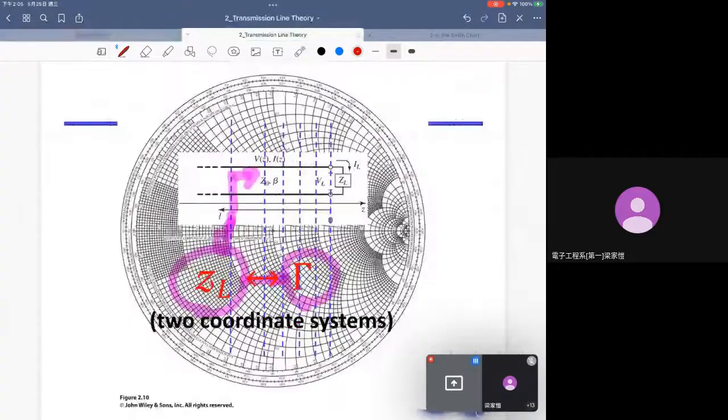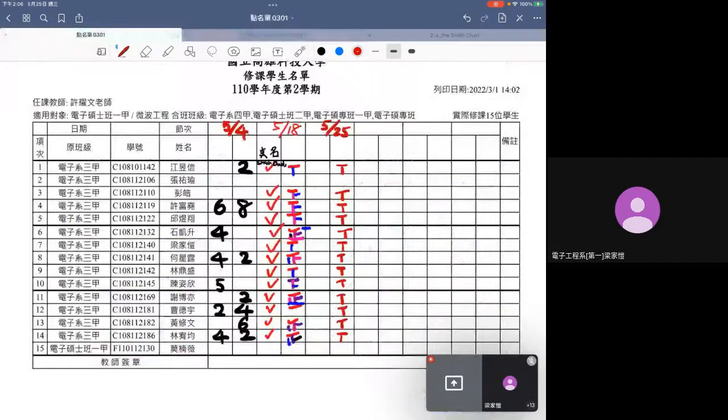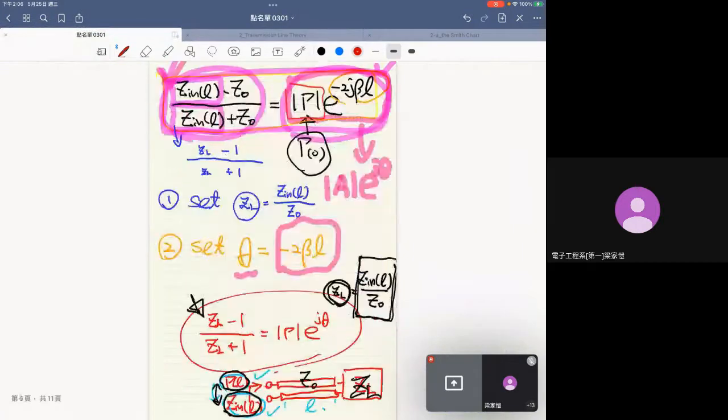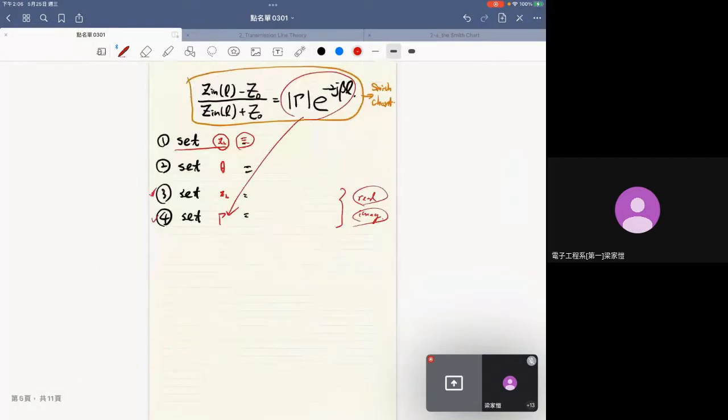Okay, so let's see. From the beginning, there is a transmission line connected to some load, ZL, okay?